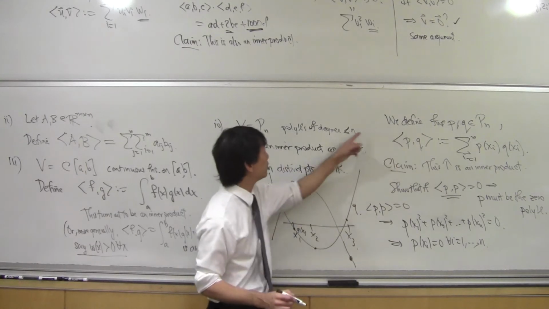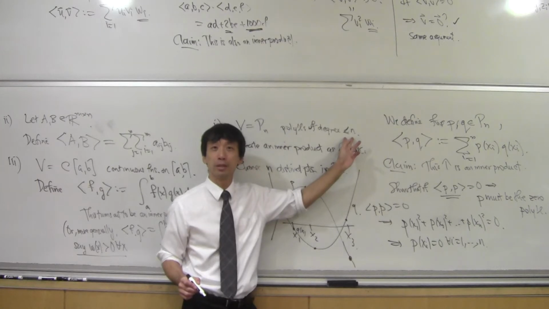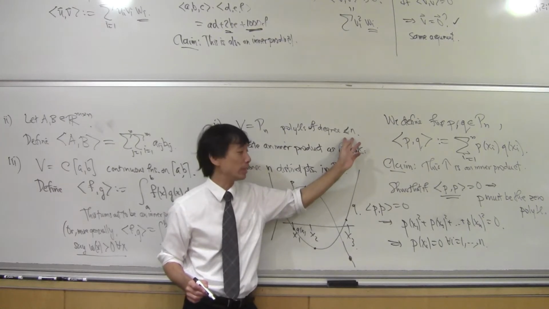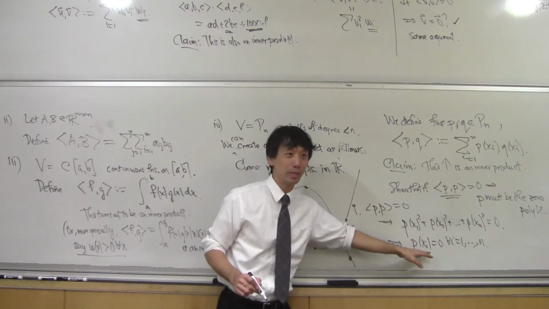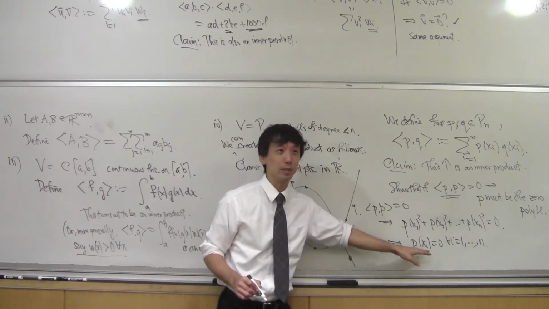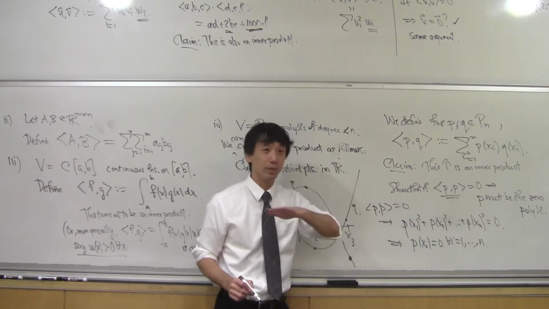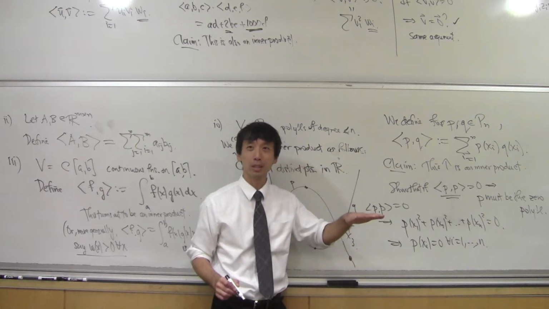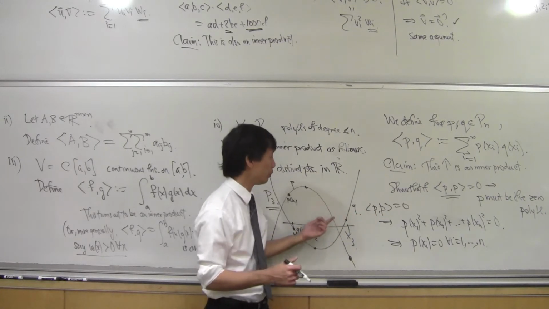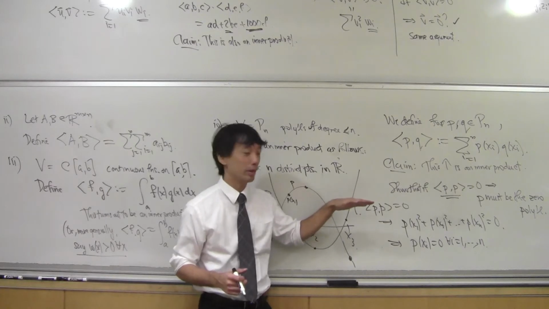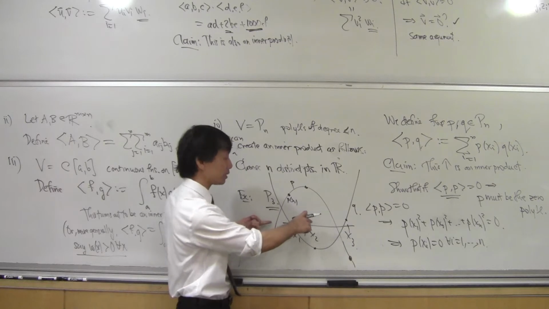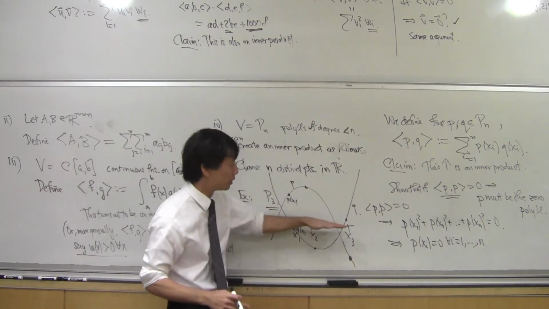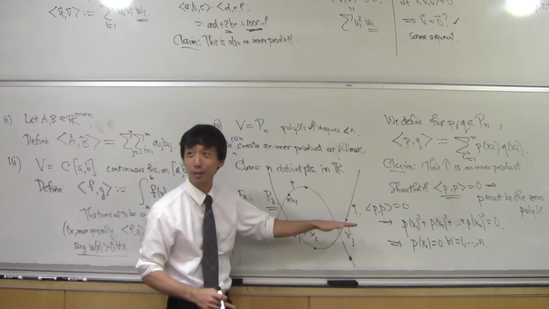But P was a polynomial of degree less than n, and we're saying that it has n roots. There are n places where this polynomial of degree less than n is equal to 0. Well, that can only happen if it's a zero polynomial. You can't have a polynomial of degree 2 which is 0 at 3 points. You can't have a parabola that intersects the x-axis at 3 points unless it's the zero parabola.